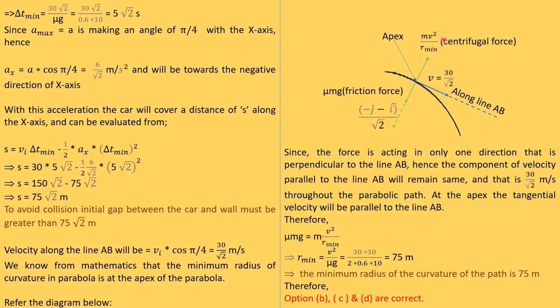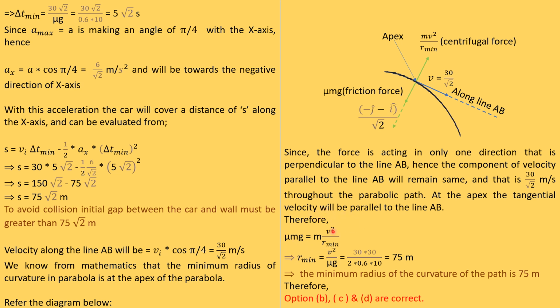So if this is the centrifugal force at the apex, mv square by r minimum, and mu mg will be the friction force, these two forces should be equal to avoid skidding.